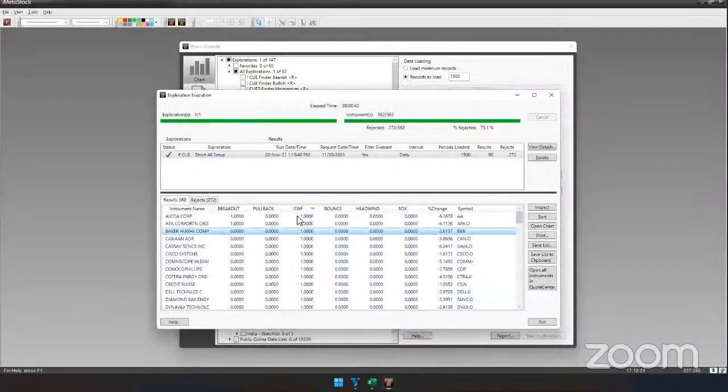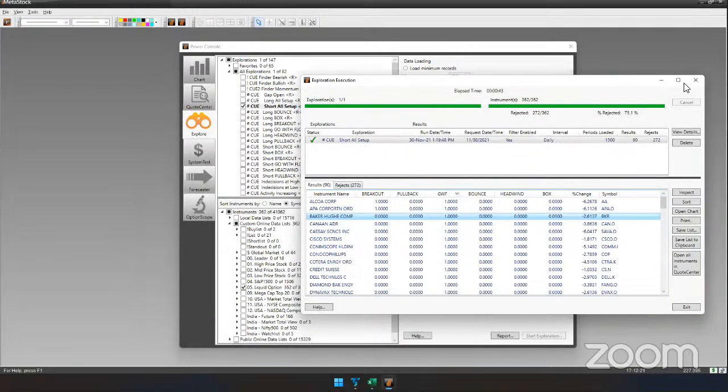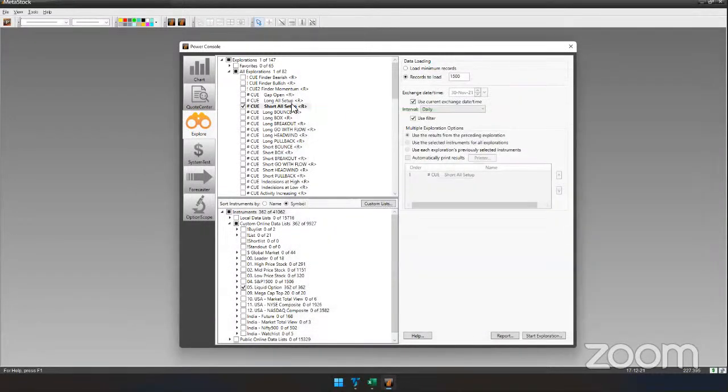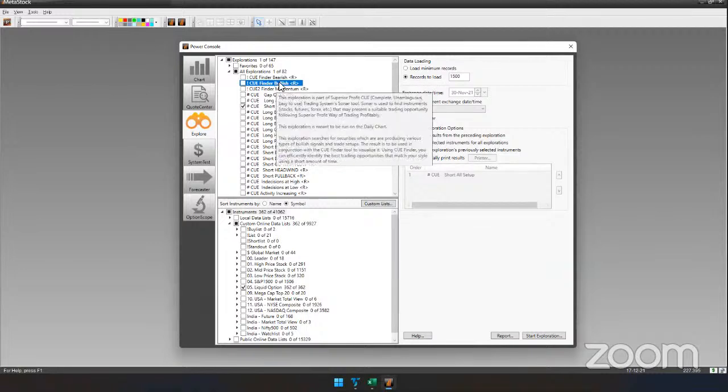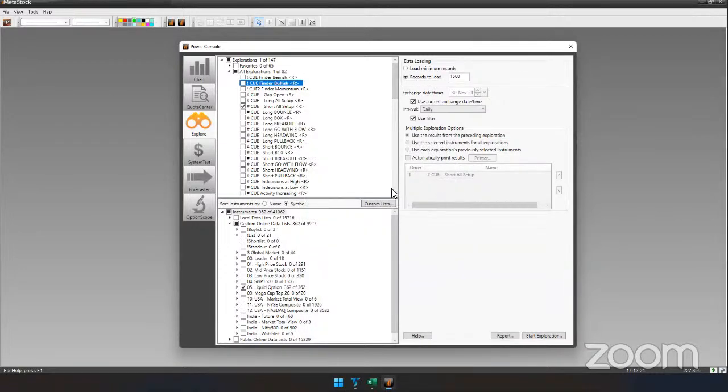So I explained how to use the all setup scan. Very useful scan when you don't want to or don't have time to run Finder or don't want to open Finder. Back to the topic slide.